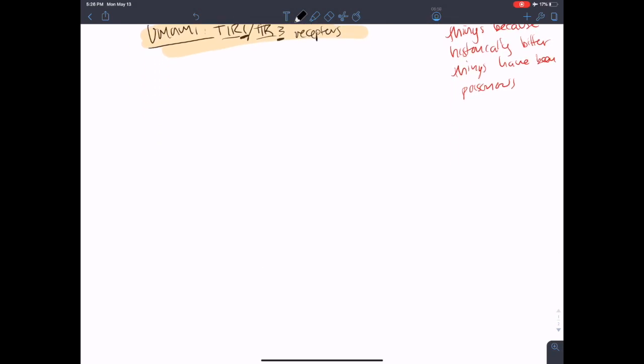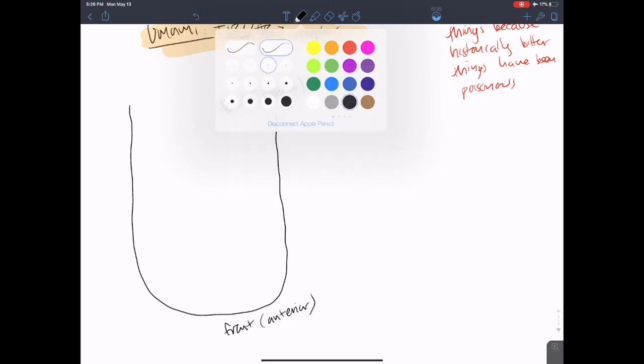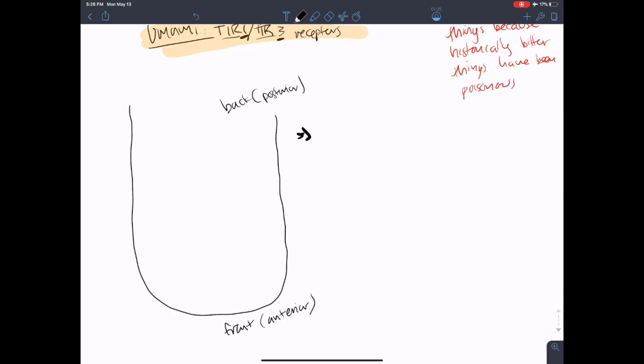So basically, the way the tongue is situated, here's your tongue. This is the front, or if I want to use anatomical terms, anterior. And then this is the back, so this is the posterior. You have these structures on your tongue referred to as papillae.